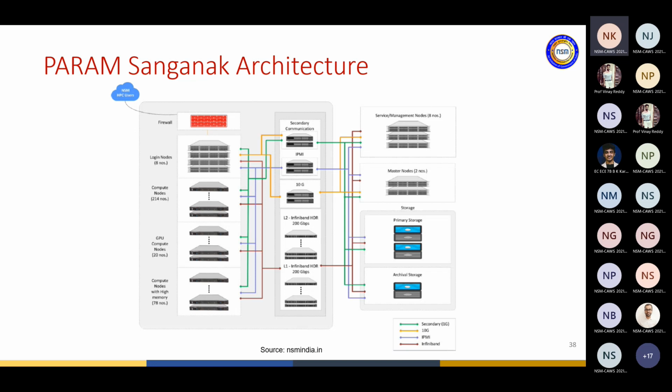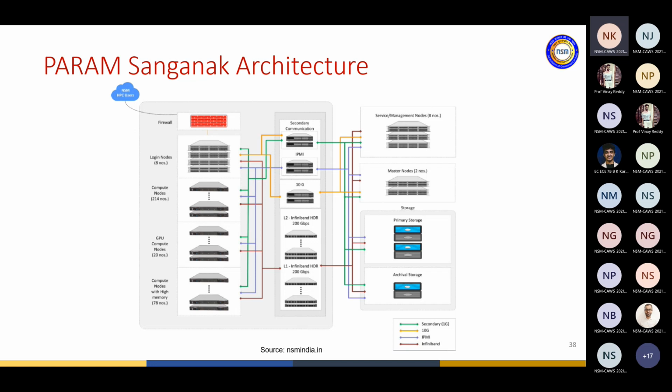Now, what is remaining is our storage, right? Here on the right side, you will see something called primary storage and so on. You can ignore archival storage. Archival storage is just for long-term storage, but mostly the applications work with the primary storage. If you have been working on single node systems, you think that our hard disk is attached to our system, right?